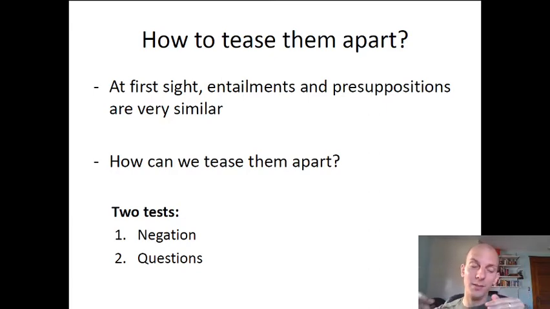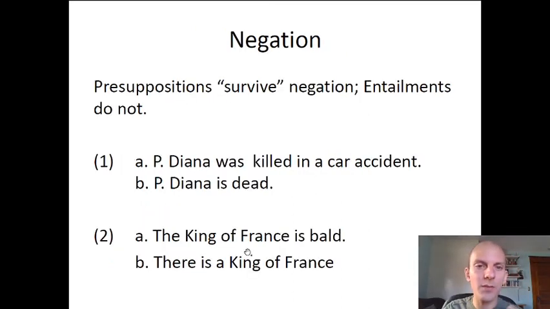In entailments, if you negate A, we just don't know about the truth condition of B anymore. And in presuppositions, even if you negate A, B is still true. And we'll see that being the case with questions as well. So we're going to describe this by saying that presuppositions survive negation and entailments don't.